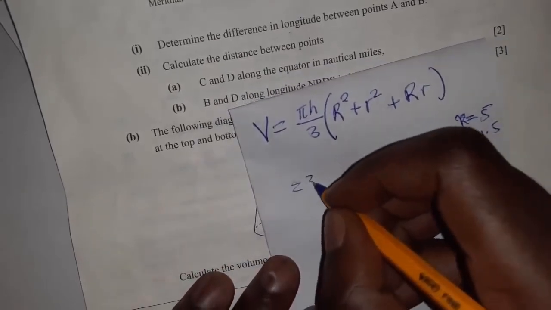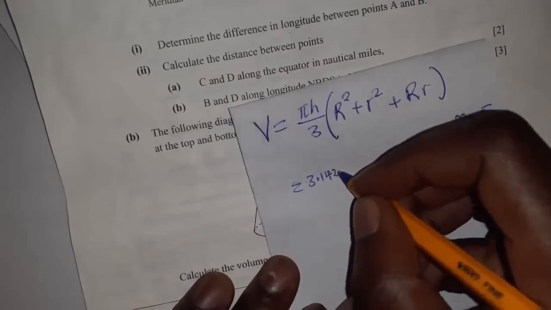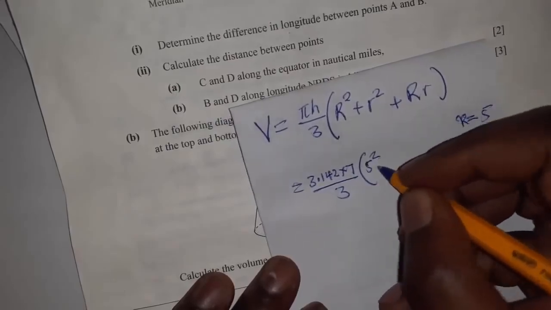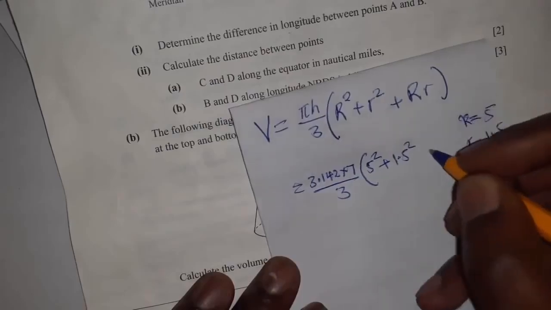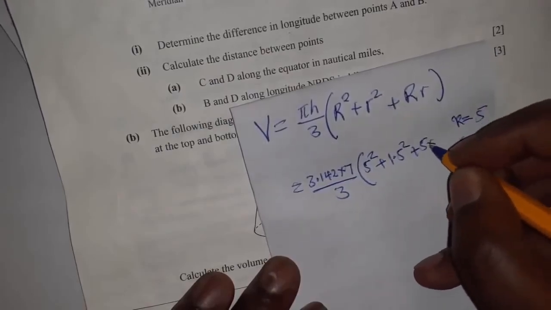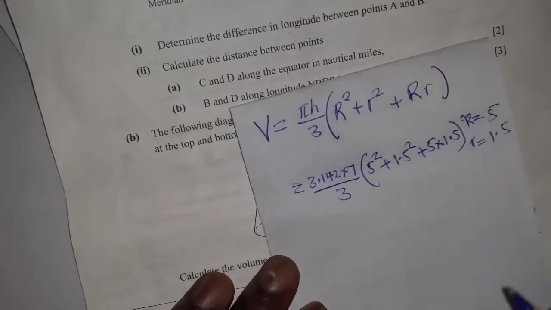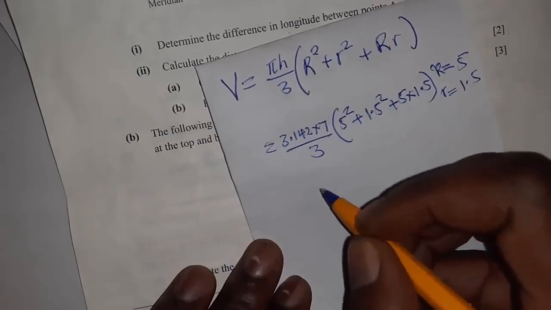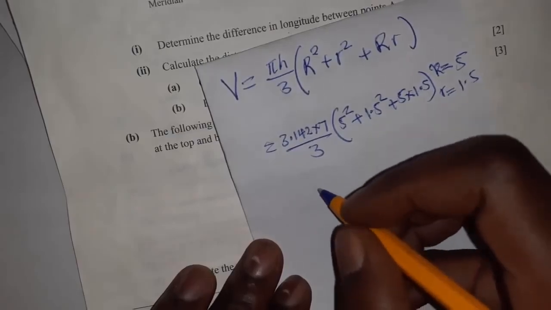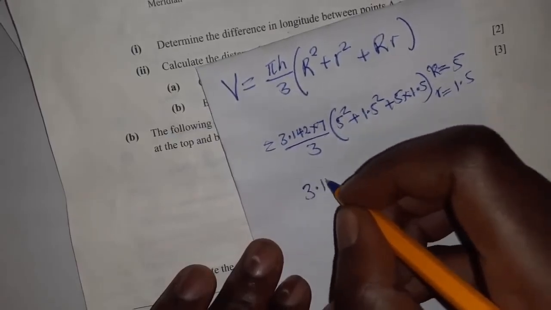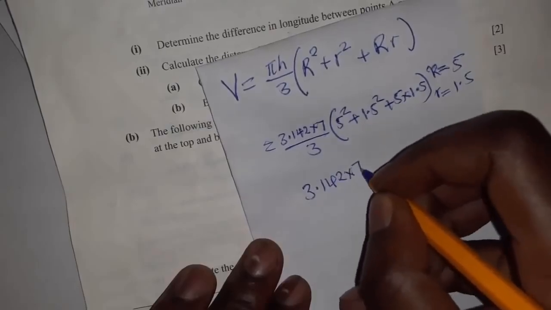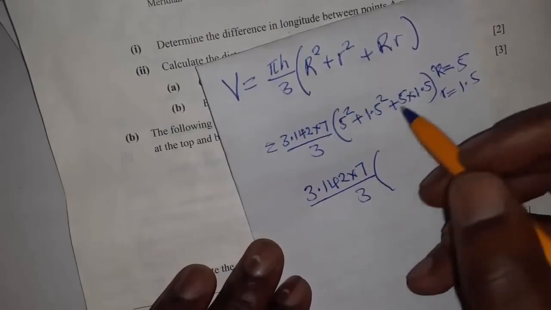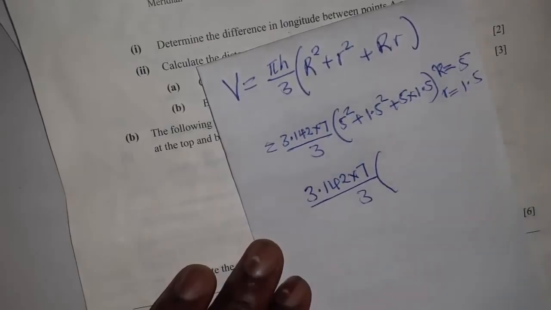So we're going to say 3.142 multiplied by 7 over 3, then here we have 5 squared plus 1.5 squared plus 5 multiplied by 1.5. All right. So then we have 3.142 multiplied by 7 over 3. When you punch this on your calculator, what are you going to get?